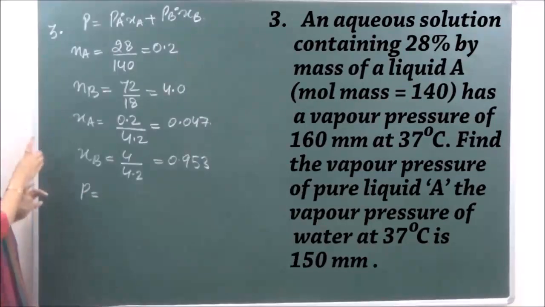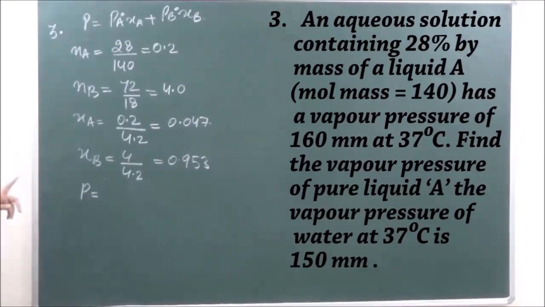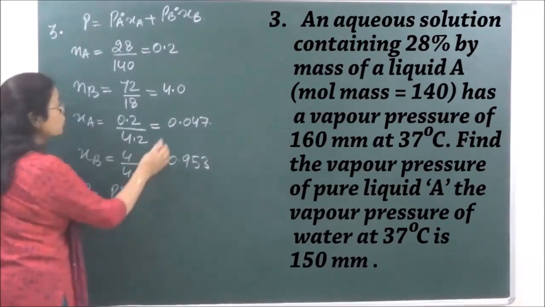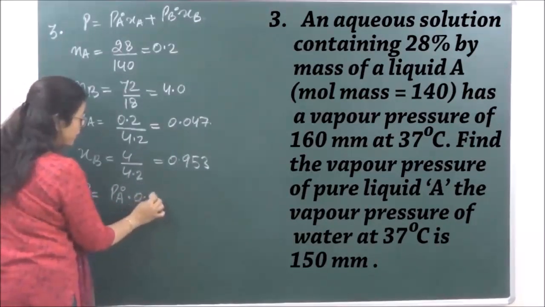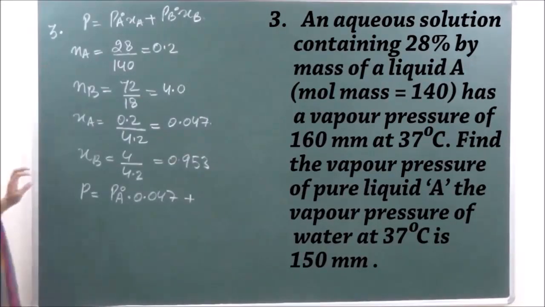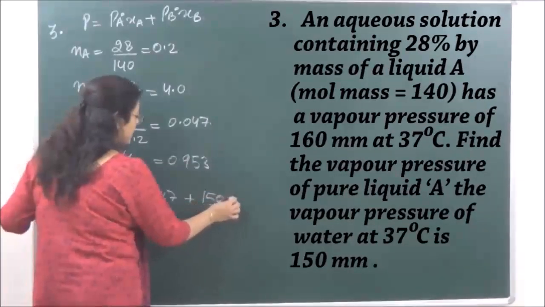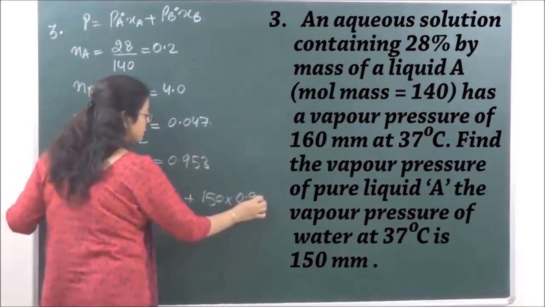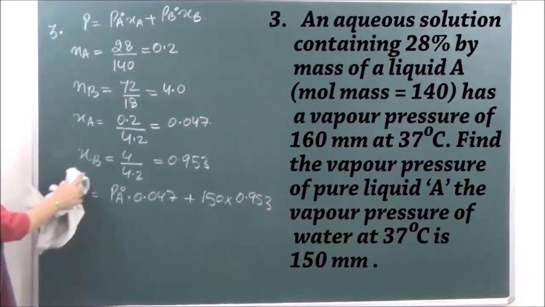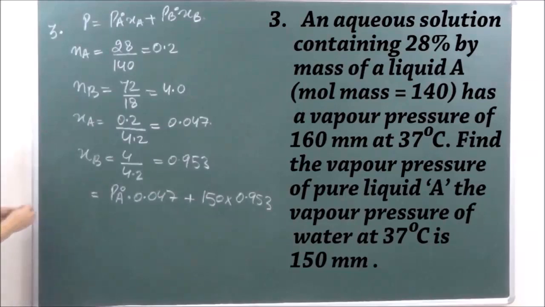Now we can calculate P total. P will be equal to PA naught into XA. PA naught we do not know, we have to calculate. P total is given to us as 160. So this will be equal to PA naught into mole fraction of A, which is 0.047, plus PB naught is given as 150 into the mole fraction of B. And over here, total pressure given to us, that is 160.